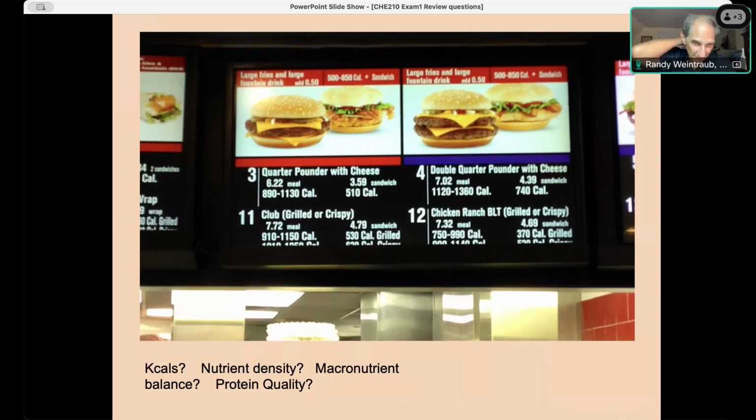I asked you to look at which of these you would prefer to select, and why. So a couple of questions about that. I just wanted you to take a look at that and get a feel for what's in that if you do have fast food once in a while.